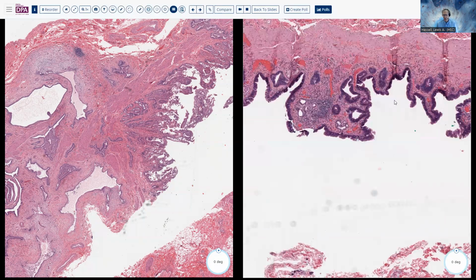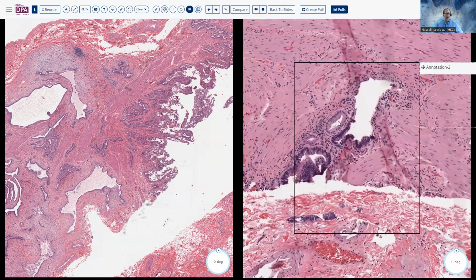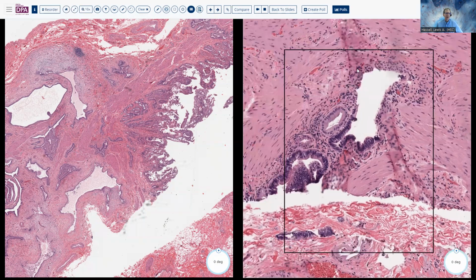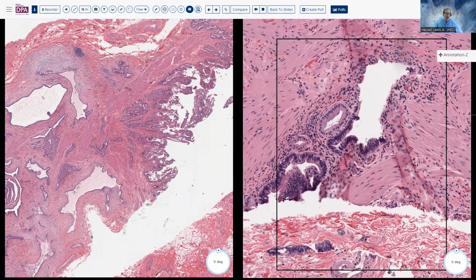Now, when this starts to extend into the wall, this is where the pitfall is, and you can see how if this was all taken over by dysplastic epithelium here in contrast to the normal, you might believe that this was an invading island of tumor.